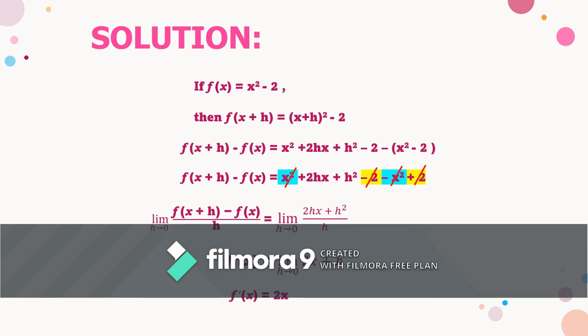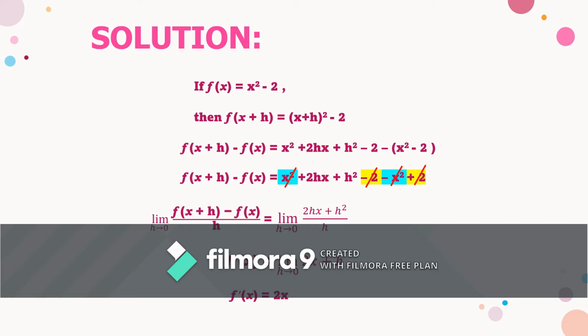If f of x is equal to x squared minus 2, we write f of x plus h is equal to, since the variable x in the given is squared, even if we add h, we also raise these terms to the second power. So we express it as the quantity x plus h squared minus 2.